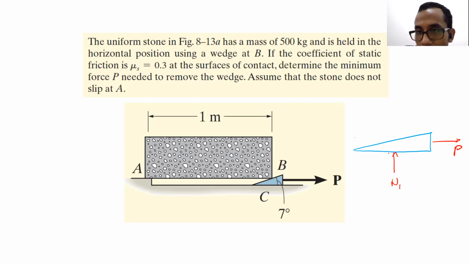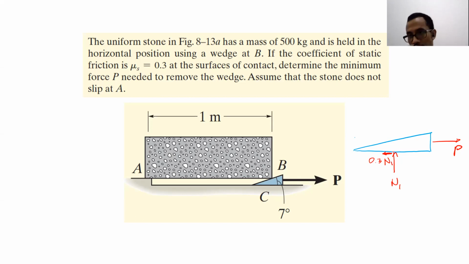So there will be a friction force going to the left, friction force F1. The mu s there is supposed to be 0.3. So F1, I can replace it by 0.3 N1, like that.